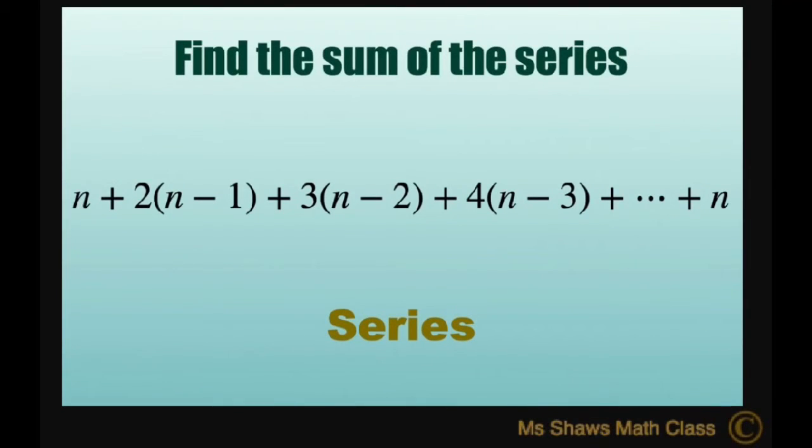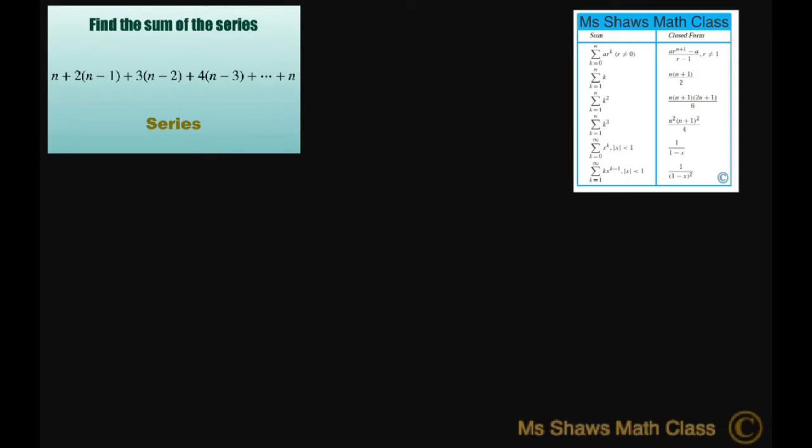Everyone, we're going to find the sum of the series given here. The first thing I'm going to do is rewrite this. I'm just taking the same thing and rewriting it to see a pattern.